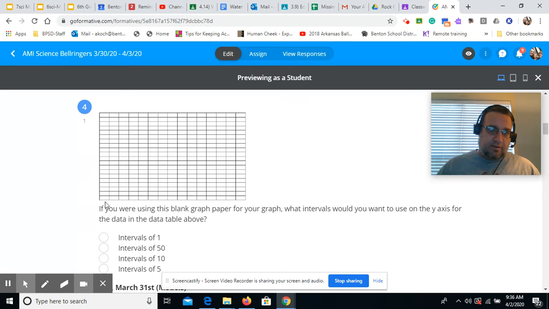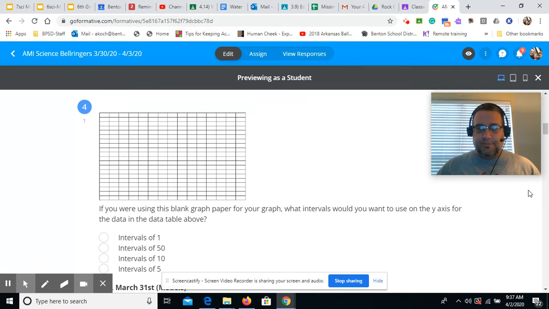Then you've got to figure out how many lines I have. I'm going to leave a couple lines here for labels and things, but I've got 1, 2, 3, 4, 5, 6, 7, 8, 9, 10, 11, 12, 13, 14, 15, 16, 17, 18, 19.